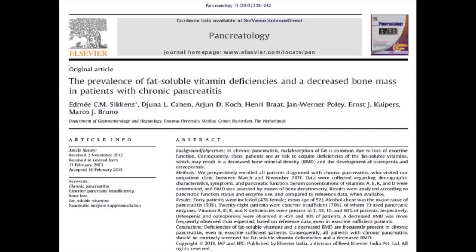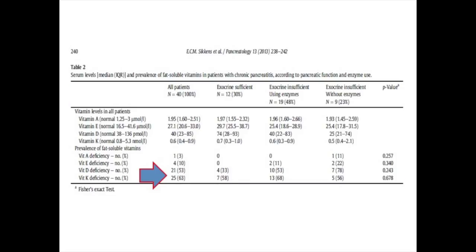And this is just one of several studies that's been published. A series of 40 patients with chronic pancreatitis in which the pancreatic exocrine secretion was carefully measured. Some of these patients had been treated with pancreatic enzymes and some had not. And this was a study in which the levels of these fat-dependent vitamins were measured in these folks.